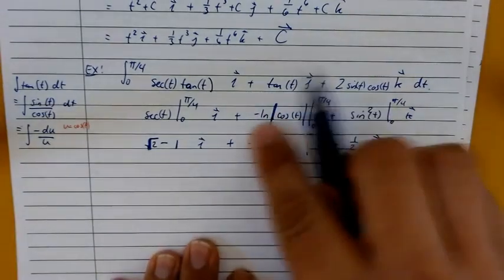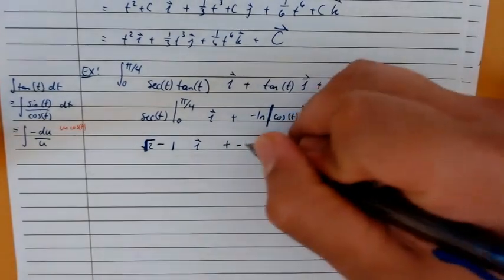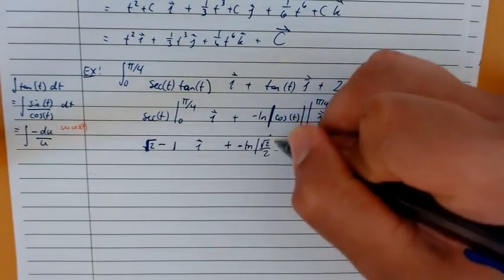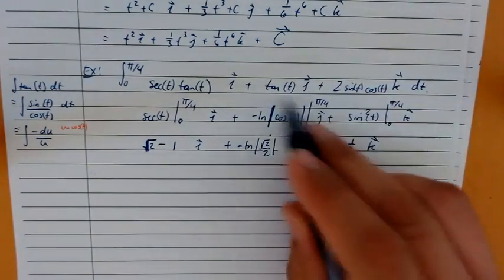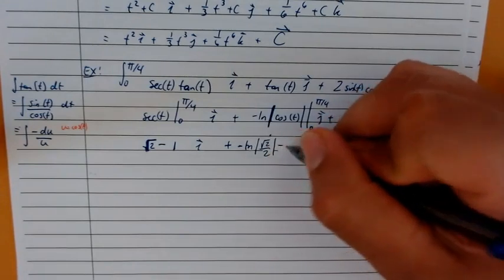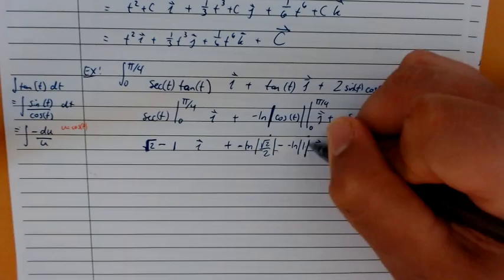Okay, so that should be, I'm plugging in pi over 4, which gives me root 2 over 2. So that's negative natural log of the absolute value of root 2 over 2. And then I plug in 0 separately. So cosine of 0 is 1. So that would be minus negative the natural log of the absolute value of 1. There we go.